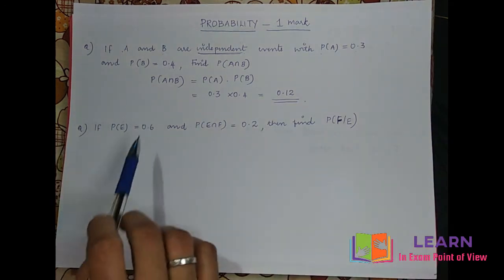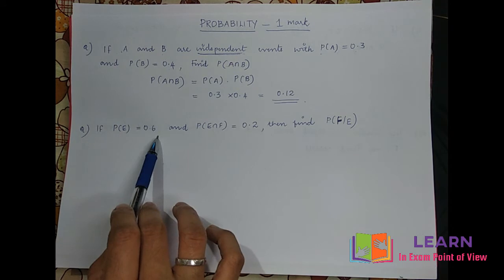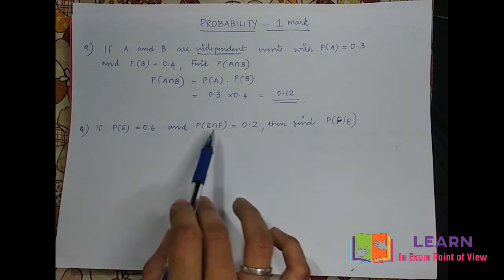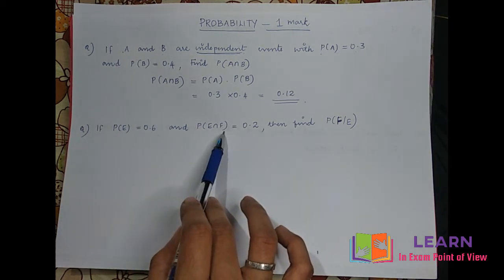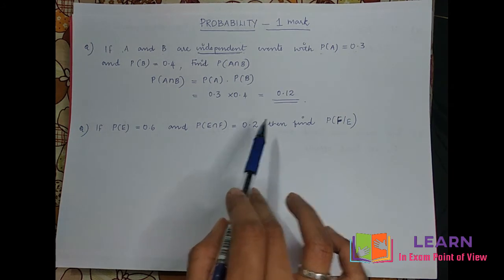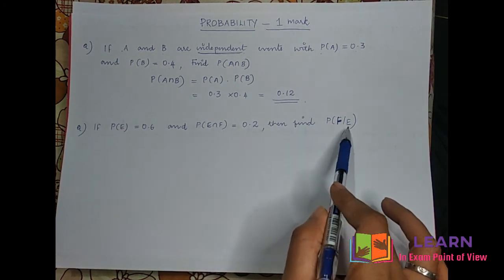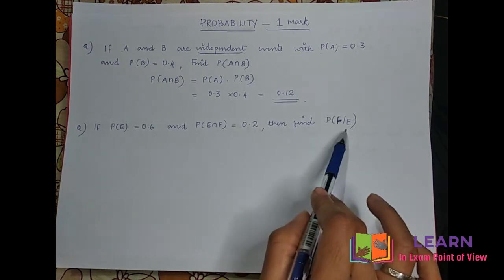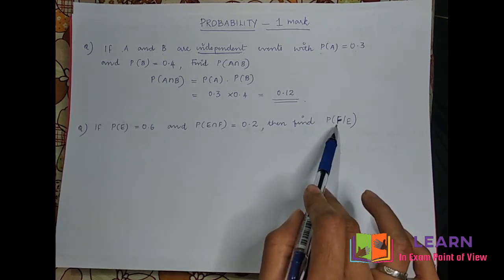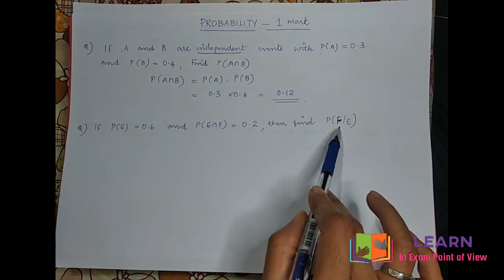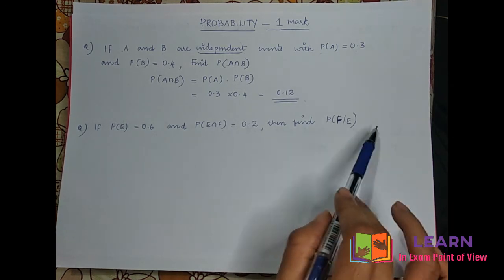So the next question: probability of E is given as 0.6 and E intersection F is given as 0.3. Then find F given E. That means this is a conditional probability, where we have to find probability of F when E has already occurred.